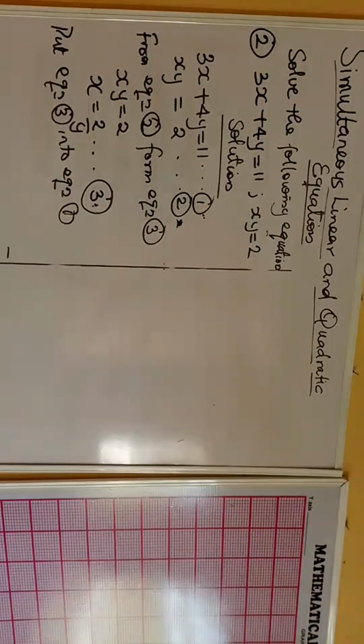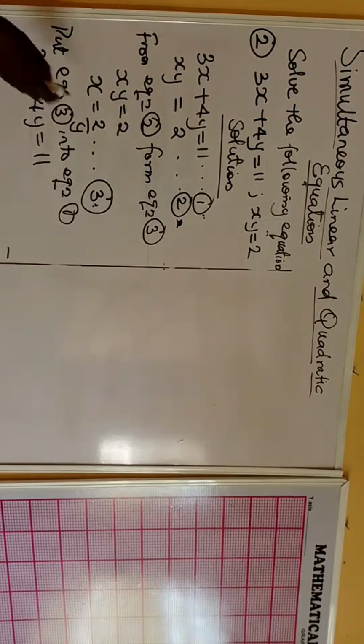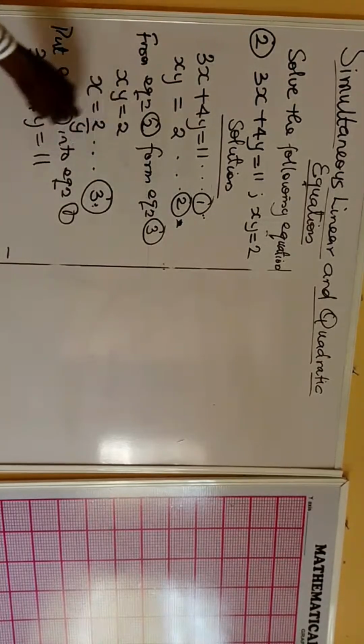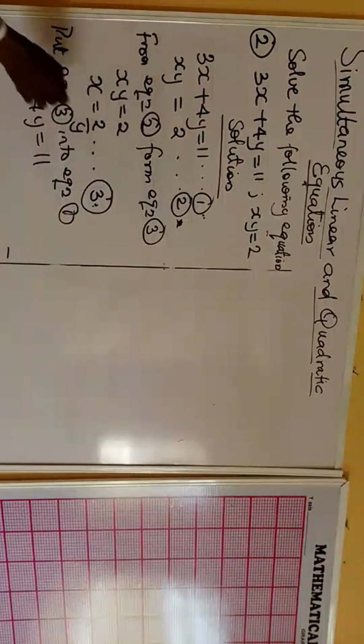And what is equation 1? Equation 1 says 3x plus 4y is equal to 11. And what is x? It is 2 over y. Take note, I'm going to use this data to find the original solution.